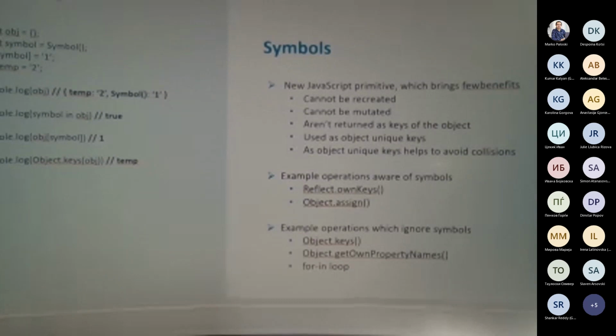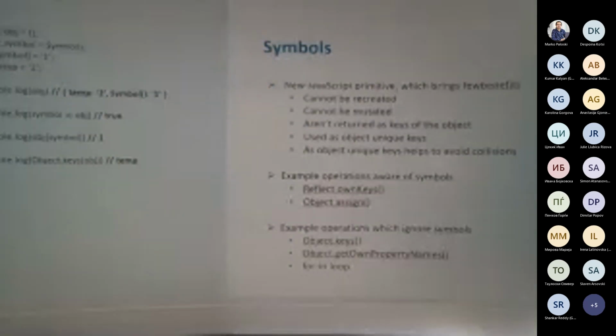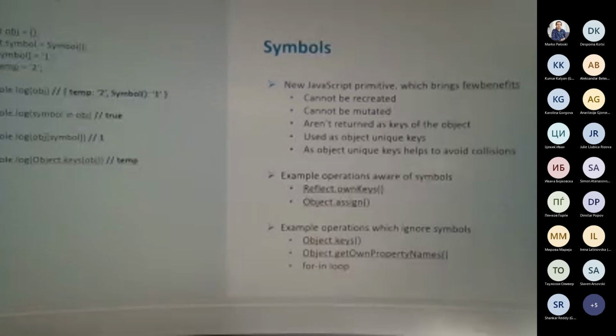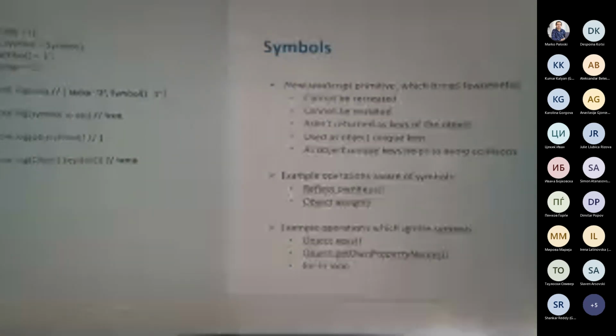So yeah, symbols are, like I said, primitives, and they cannot be redeclared, they cannot be mutated, and it's interesting that if a symbol is bound to an object, then that symbol is like a private property.